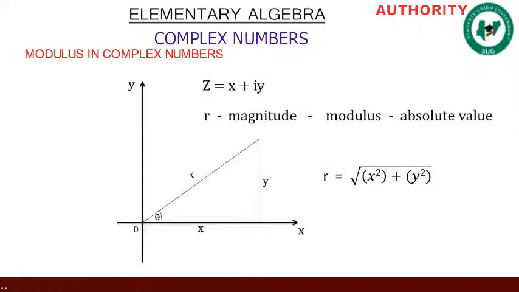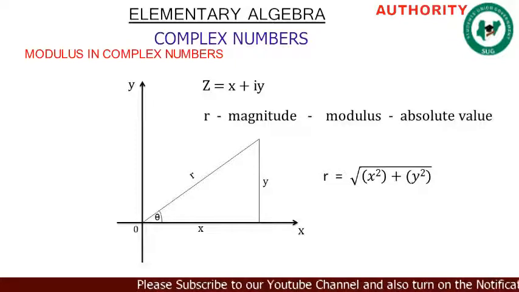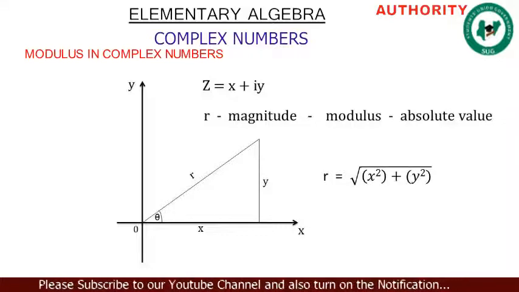We can see that r is our hypotenuse, y is our opposite, and x is our adjacent. To get our hypotenuse, which is r, we'll simply say opposite squared plus adjacent squared. So after squaring them, we add them together and we take their square root.